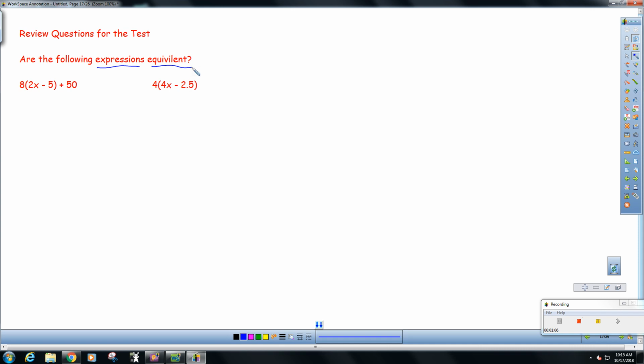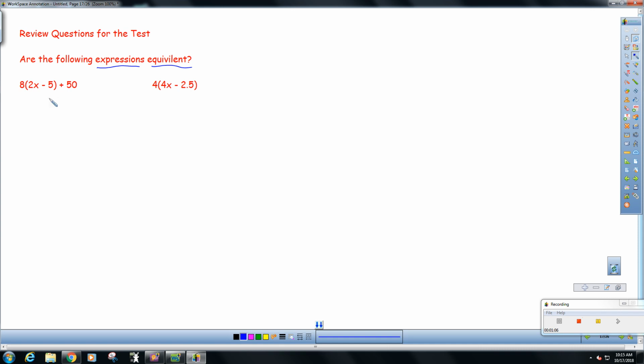So there is no "is" to this. It's not a sentence. It's just a phrase, if you will. So are these two things the same thing? Well, they certainly don't look the same. We can't solve them, Carson, because they are not equations. But we can simplify them.